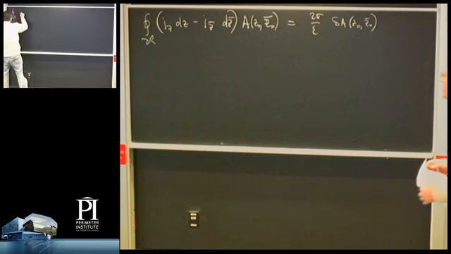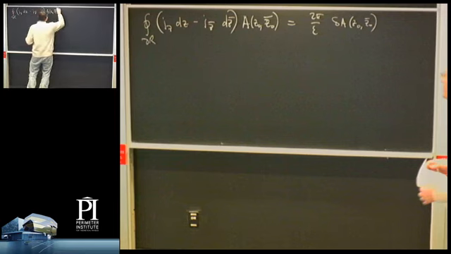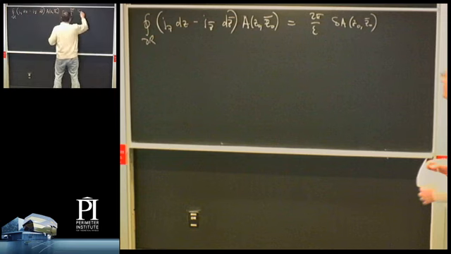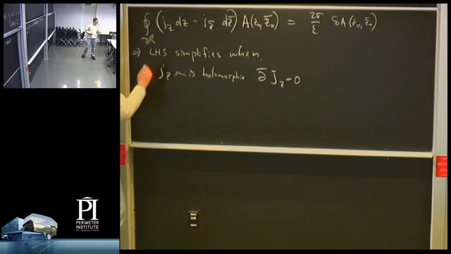So then I have j_z dz minus j_z̄ dz̄, with s_a(z_0, z̄_0) equals 2π over epsilon_a(z_0). In general, it's difficult to evaluate this integral exactly.